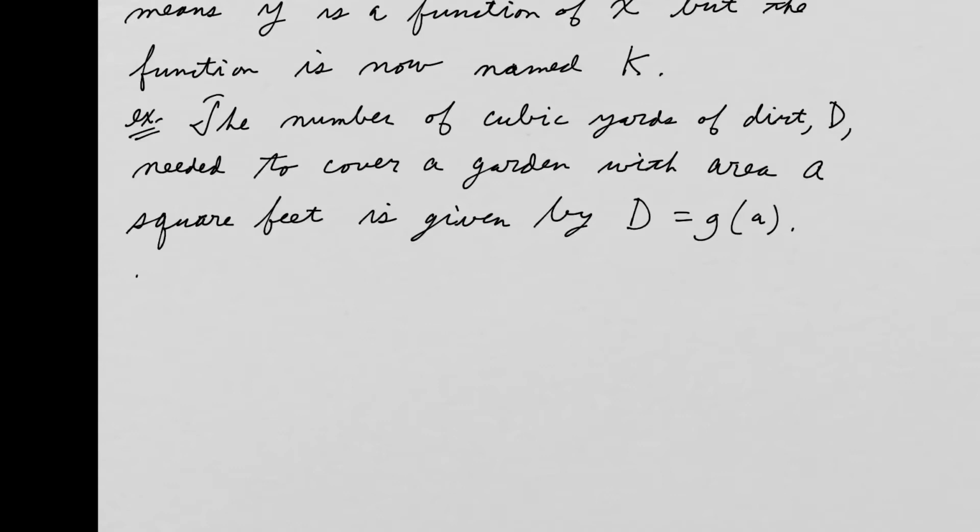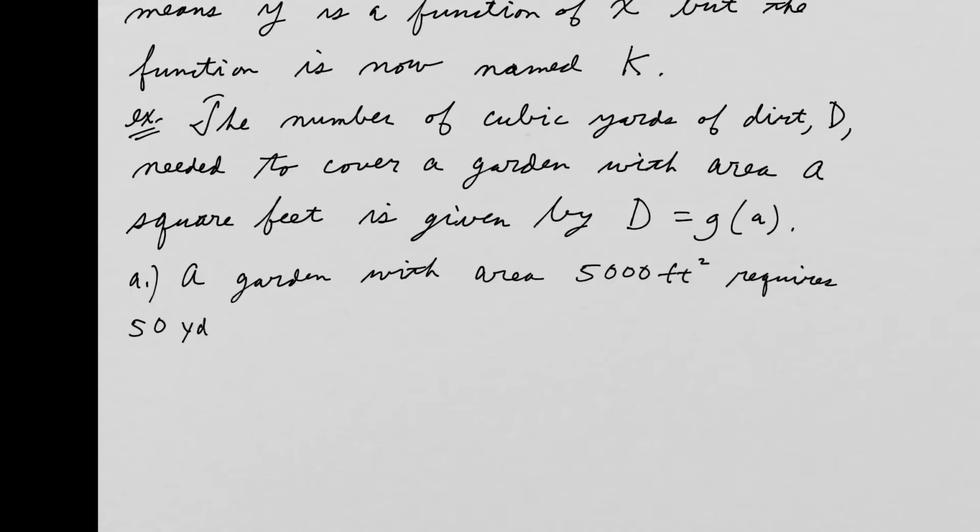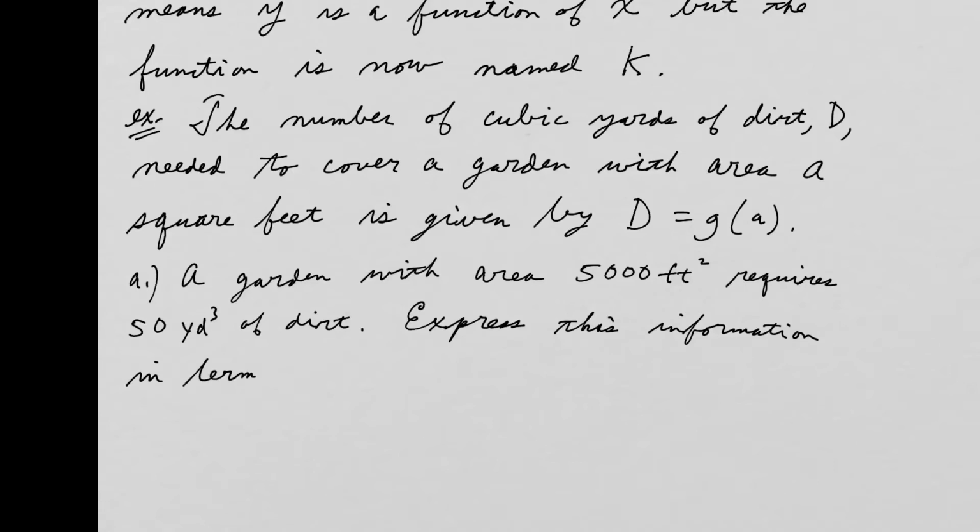So here's a couple questions based on this information. Let's say you're told a garden with area 5,000 square feet requires 50 cubic yards of dirt, and we want to express this information in terms of the function G. What is our input?